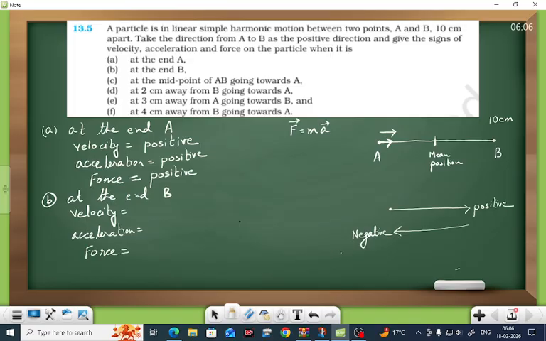What you'll find here is that at the end B, the particle tries to move to the mean position. So the direction is this one. So velocity is negative. Velocity is negative.